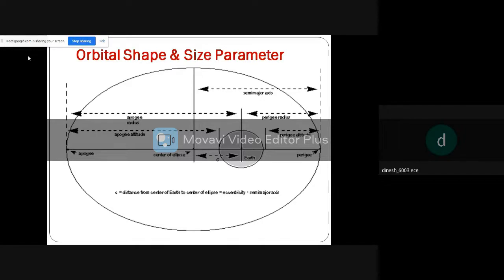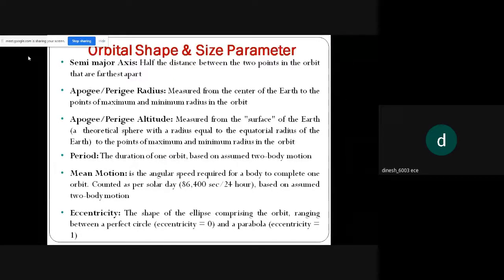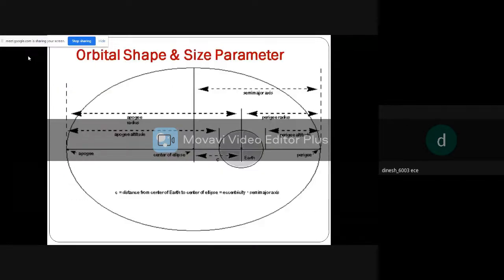Orbital shape and size parameters. Now let us see the terminologies. So semi-major axis. The semi-major axis is half the distance between the two points in orbit that are farthest apart. You can see the farthest points are your apogee.